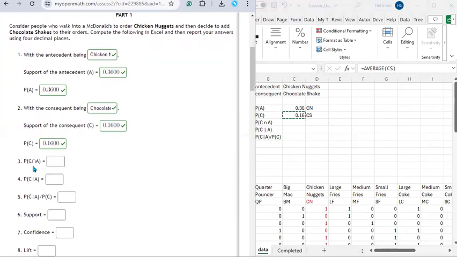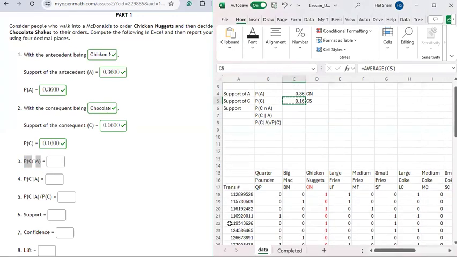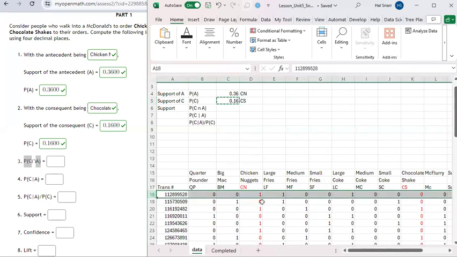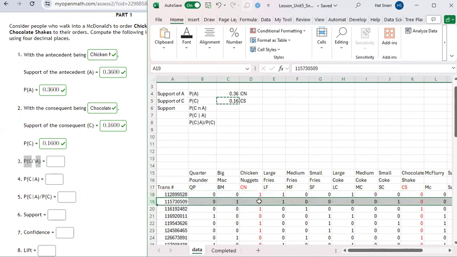Now we can calculate the joint probability of C and A. We want the probability that C happens and A happens, right? Now, the way to do that is we've got to widen this up first. In this transaction, the person bought chicken nuggets, but not a chocolate shake. In this transaction, the person did not buy chicken nuggets and did not buy a chocolate shake.